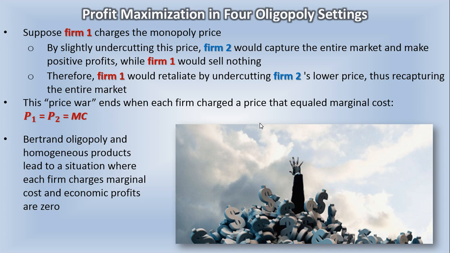Now, there are ways of maneuvering around the price war situation, because all the firms understand that they will result in this outcome where they make zero economic profits and their prices are equal to marginal cost if they do engage in a price war.